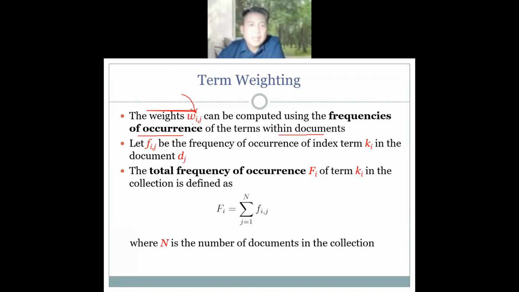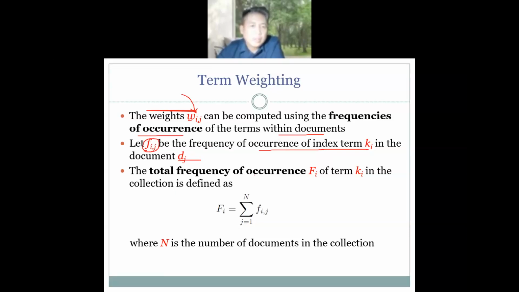Now we change the notation here. This refers to the frequency of keyword I in document J. This is the frequency of occurrence of index term Ki in document J.